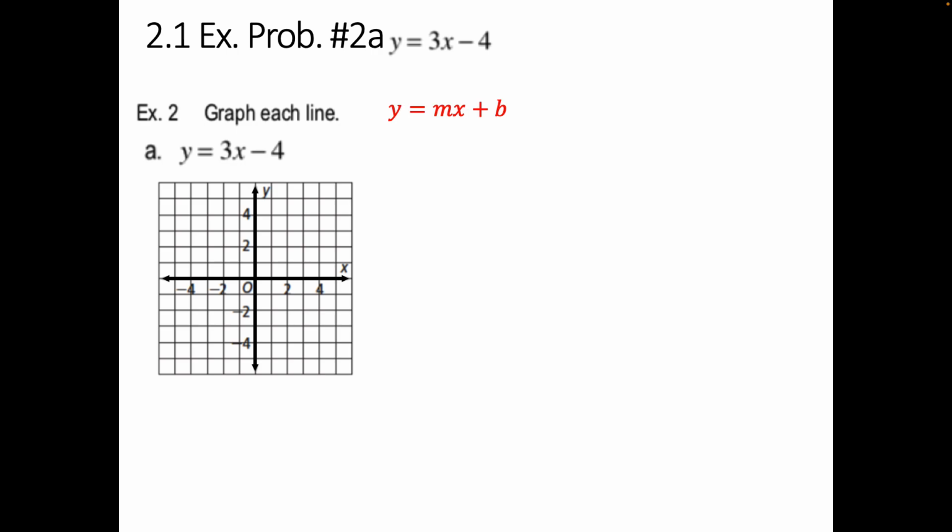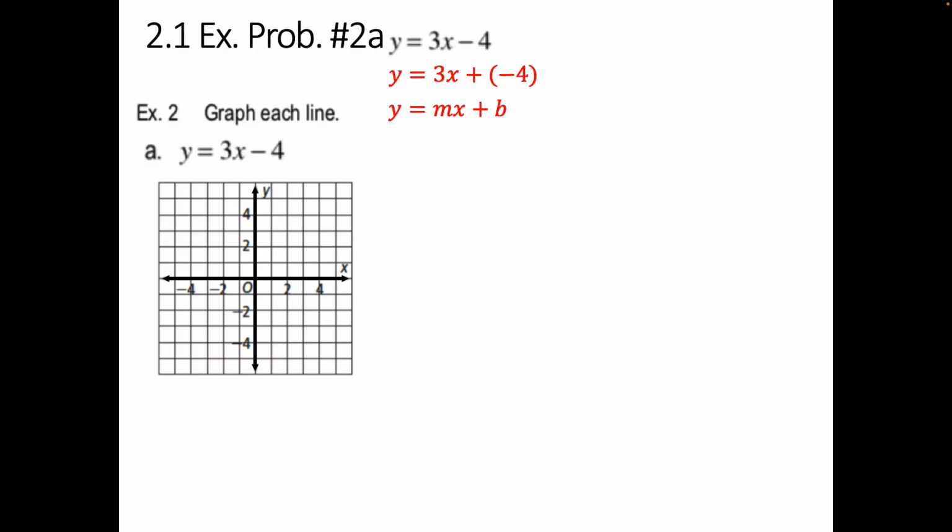So I'm going to take our previous one, y equals 3x minus 4, and put it in the format of y equals mx plus b by changing it a little bit to y equals 3x plus negative 4. All I did was take that 3x minus 4 and change it into a 3x plus negative 4.